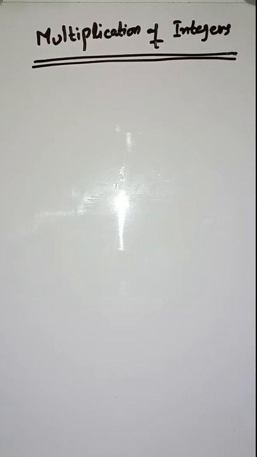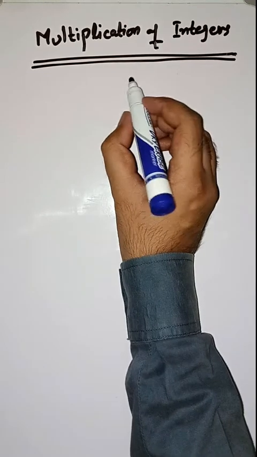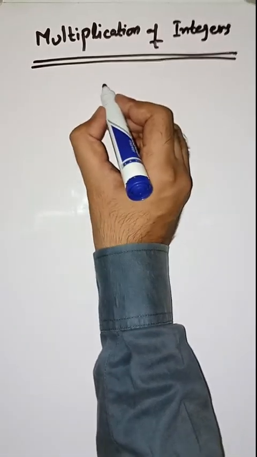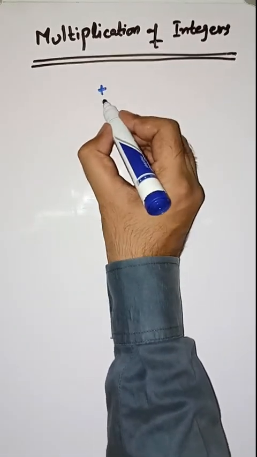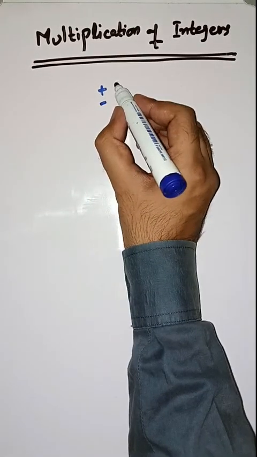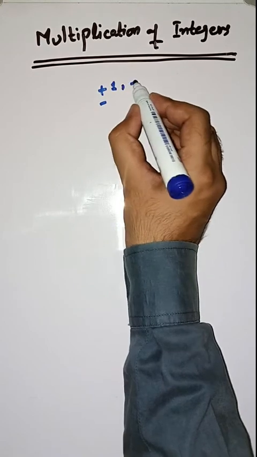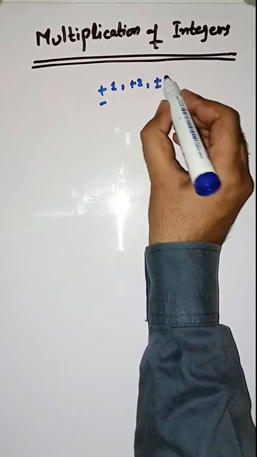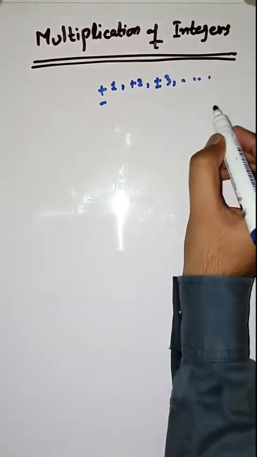Students, today we will learn about multiplication of integers. You already know that there are positive integers and negative integers. Positive integers include numbers like +1, +2, +3, which have a plus sign, and so on.